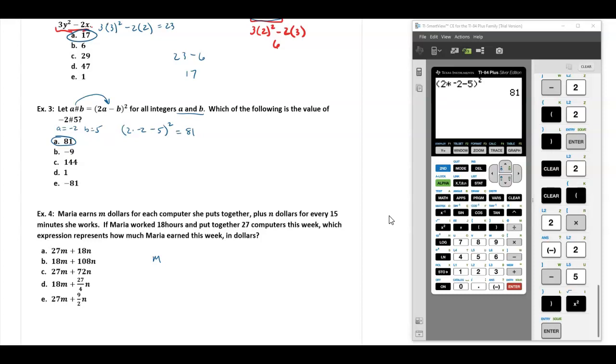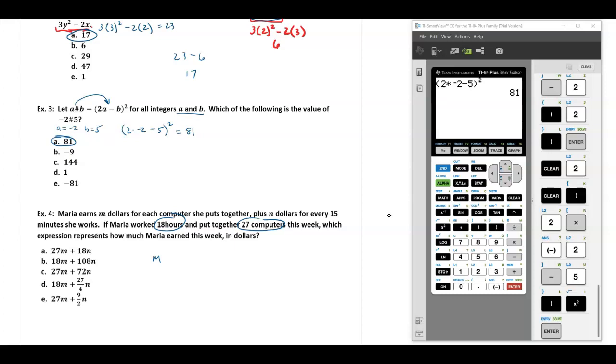So example 4, Maria earns M dollars for every computer she puts together plus N dollars for every 15 minutes she works. If Maria worked 18 hours and put together 27 computers this week, which expression represents how much she would earn for this week? Now, here's the thing I would make sure I do.